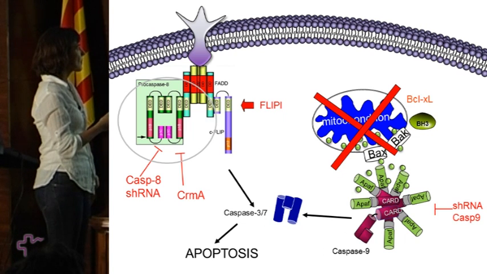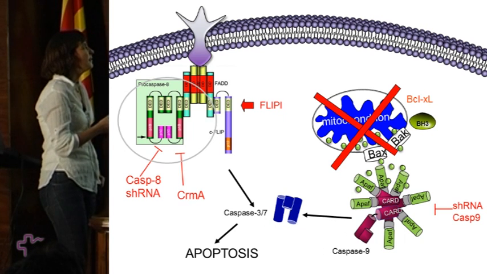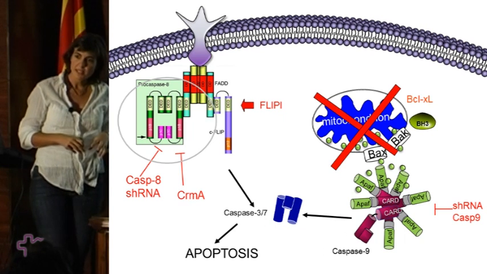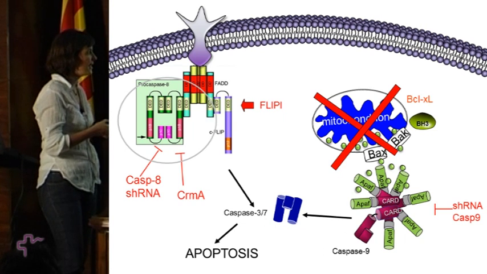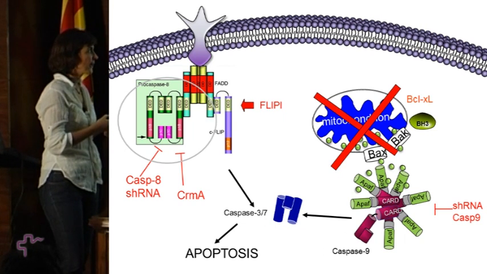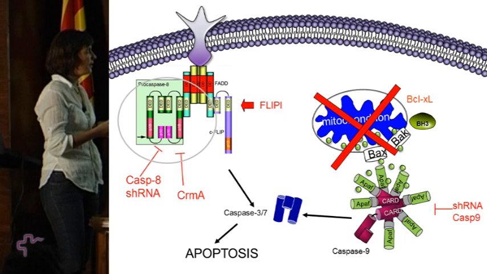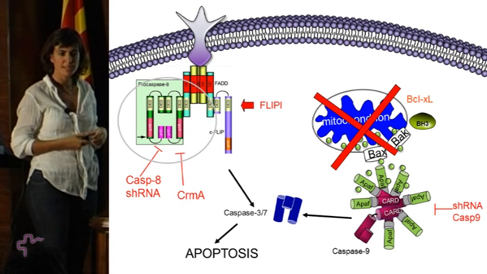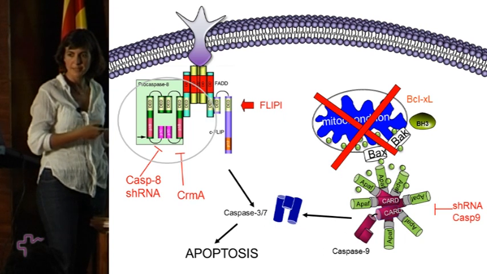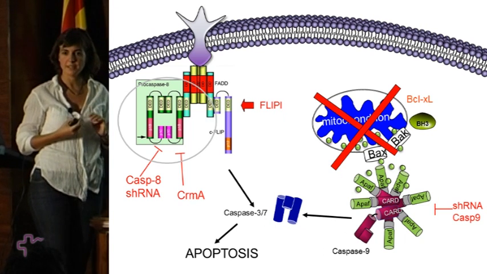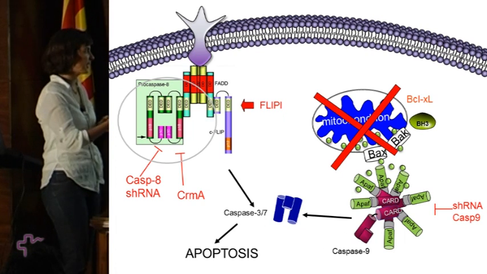So we tried to at least see whether death receptors were involved. Maybe there was an intracellular aggregation of death receptors that is activating caspase-8 in the absence of the ligands. And to do this, we overexpress FLIP, which is a molecule that is very similar to caspase-8, but it competes with caspase-8 for binding to the receptor, so it doesn't allow the formation of the complex.